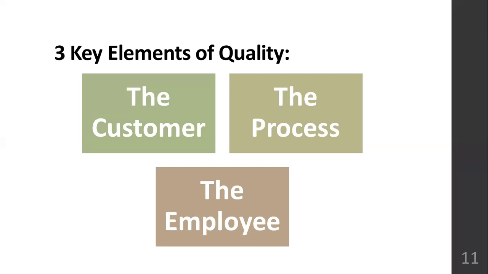Every process should prevent errors and prevent waste, not detect errors and detect waste at the end. And the employee, the person who is carrying out the process, has the goal that they have to achieve to make this process a success. So these are the three key elements of quality.